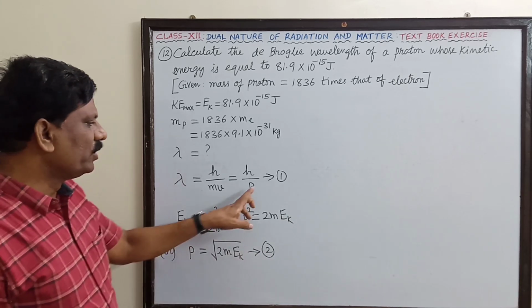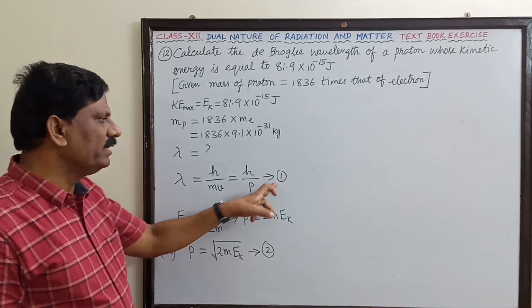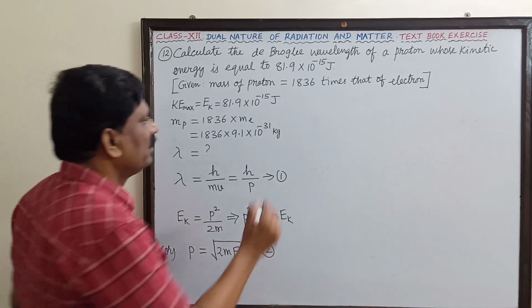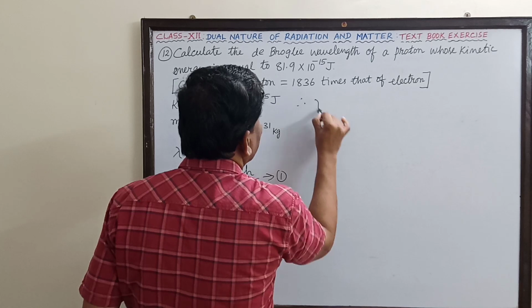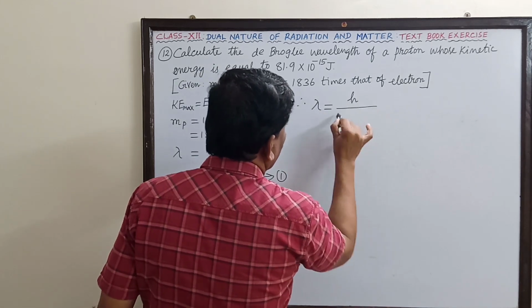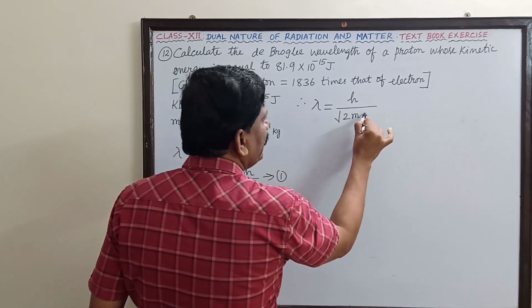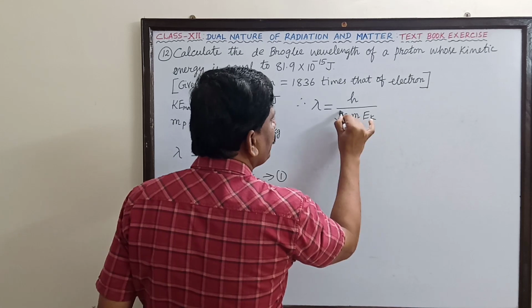So I want to substitute for P equal to square root of 2mE in the first equation. Therefore, de Broglie wavelength lambda is now equal to h divided by square root of 2 into mass of the proton into kinetic energy.